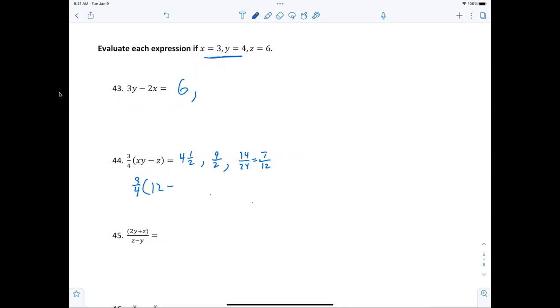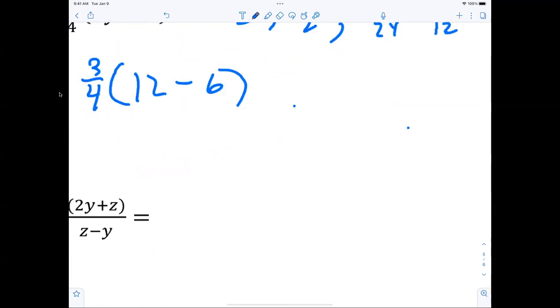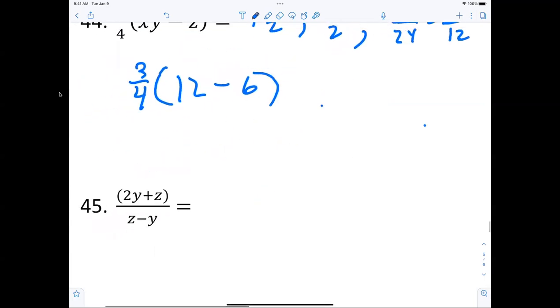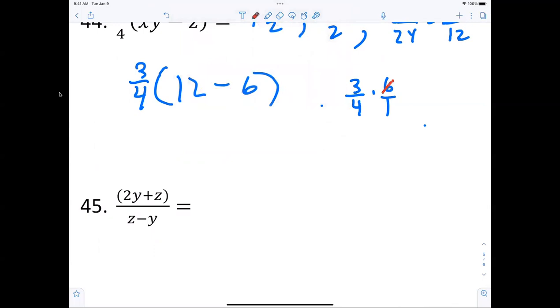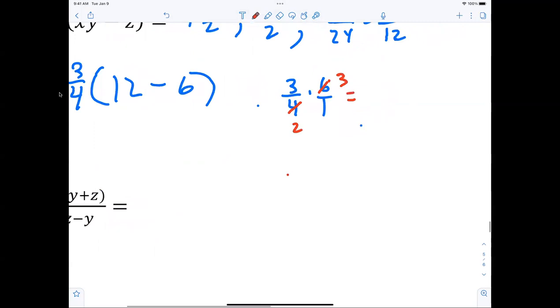Minus what's Z? 12 minus 6 is what? 3/4 times 6/1. Now we reduce. What goes into 6 and 4? 2. So 3 times 3, 9/2. If you got that right, seriously, give yourself a little pat on the back.